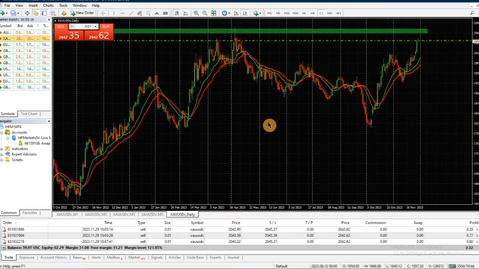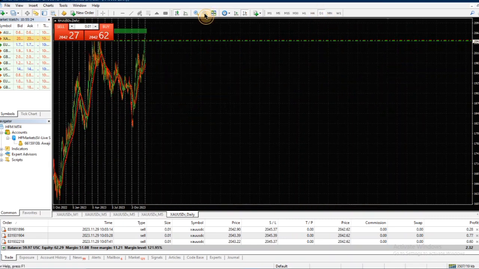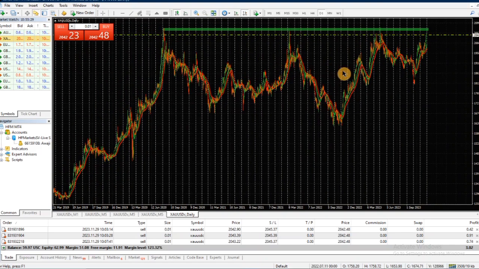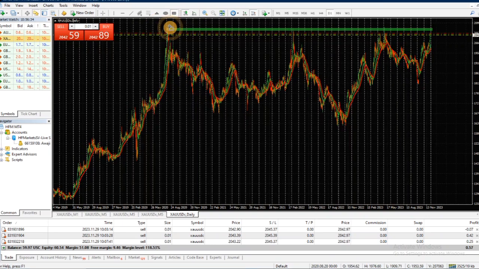Now when you look at a big picture like this under the daily time frame, you can equally zoom in to the lowest point in order to get it clear on your screen. This is MT4 on desktop. Looking at the picture from this angle, you see it testing it for the first time.